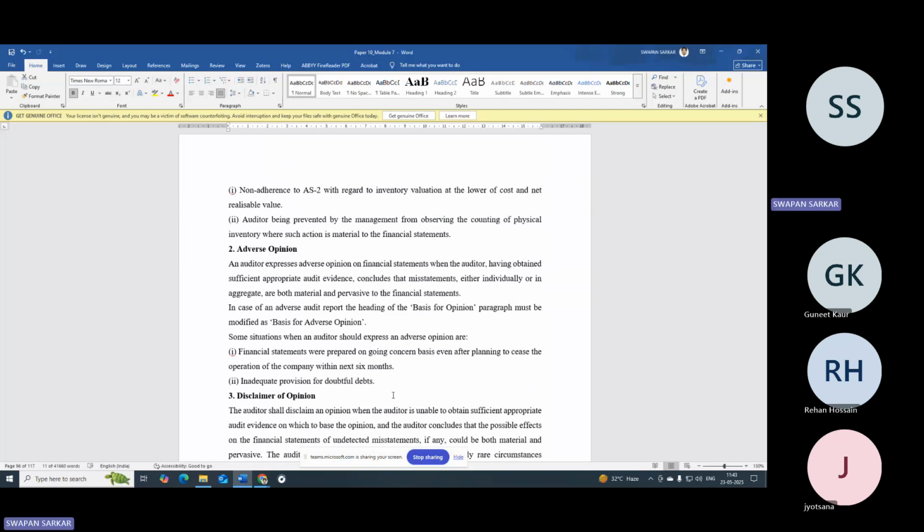Some of the situations when the auditor should express his adverse opinion are: financial statements were prepared on a going concern basis even after planning to cease the operation of the company within the next 6 months, and adequate provision for doubtful debt has not been made.